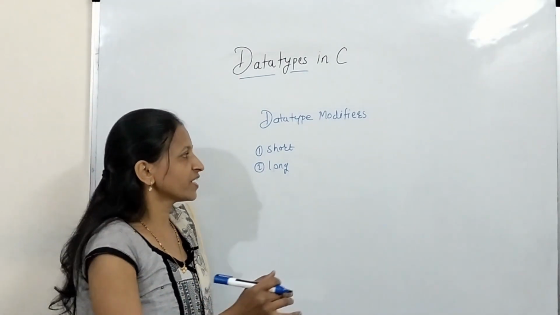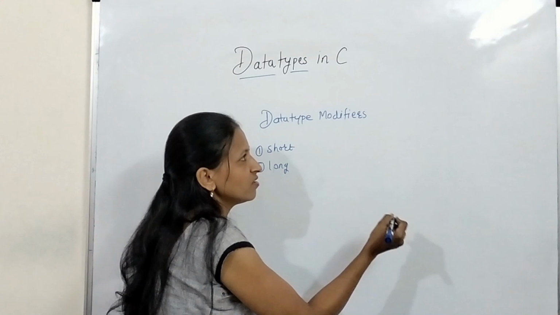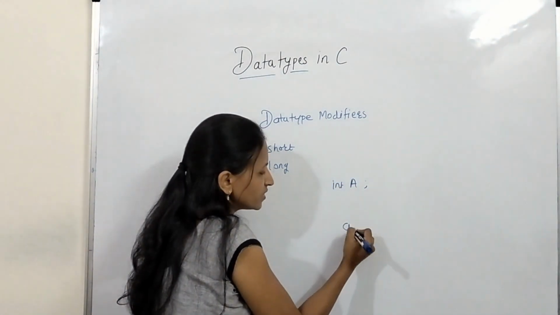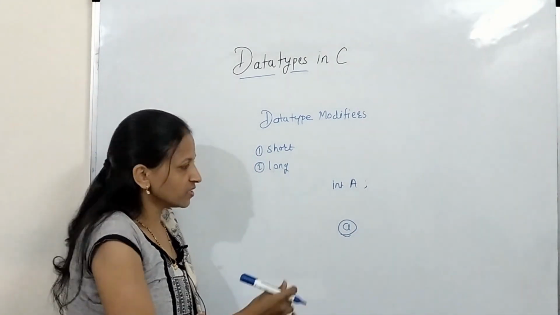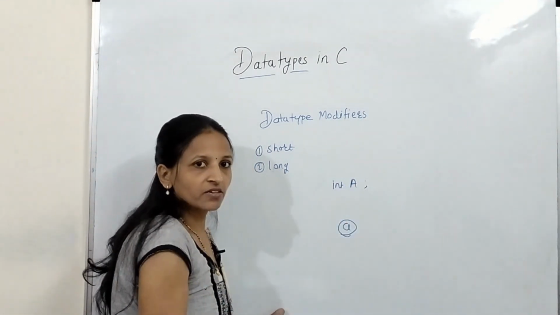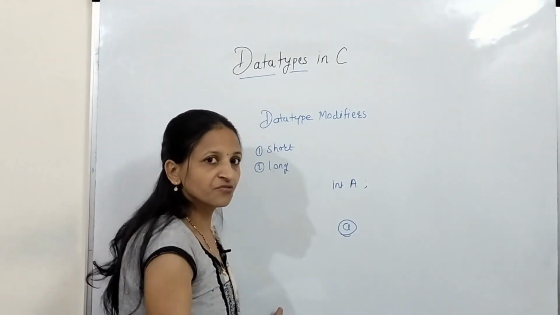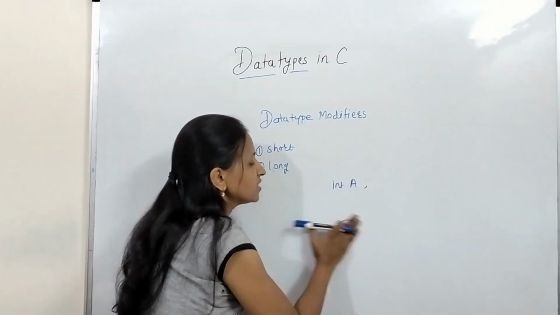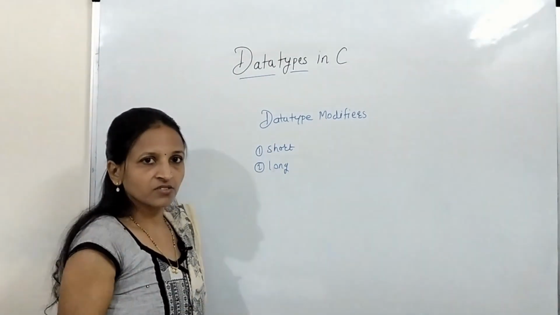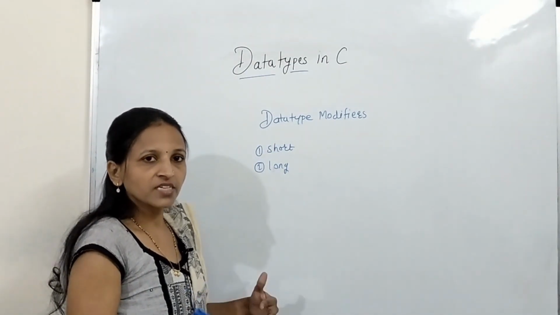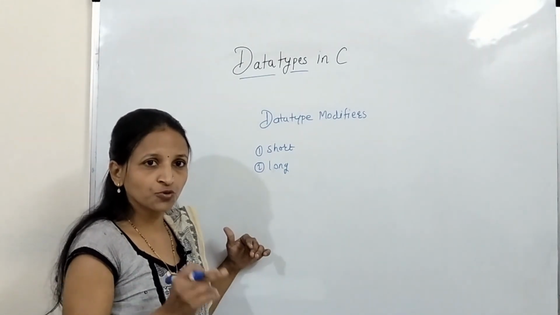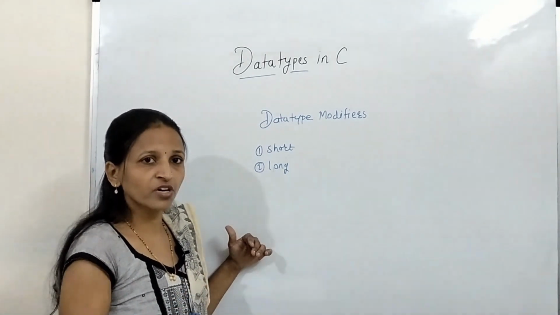Suppose you are writing capital A and small a, then these two are not the same in C language. These are considered as different variables, and that's why C is a case sensitive language. All keywords you use while writing a C program are in small case letters. You must use small case letters for keywords.